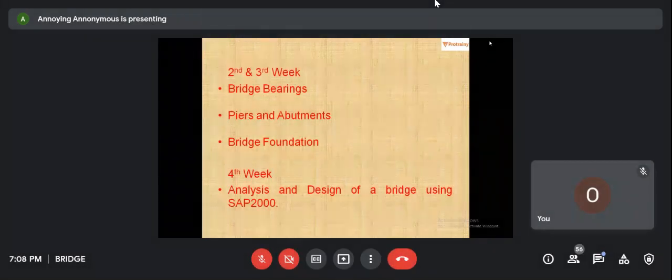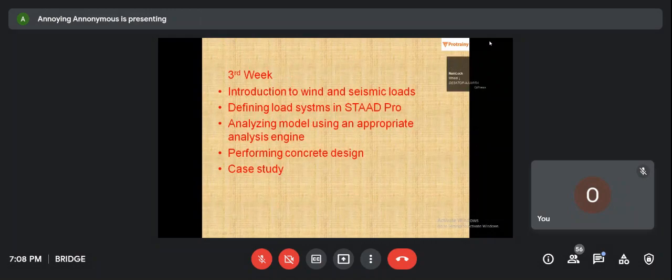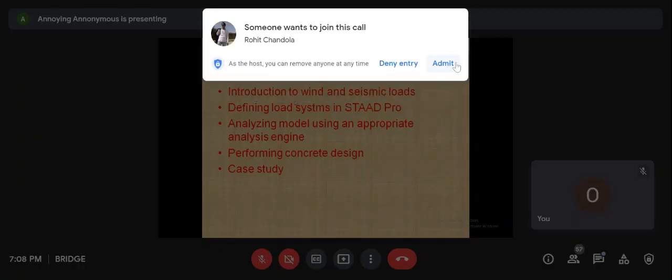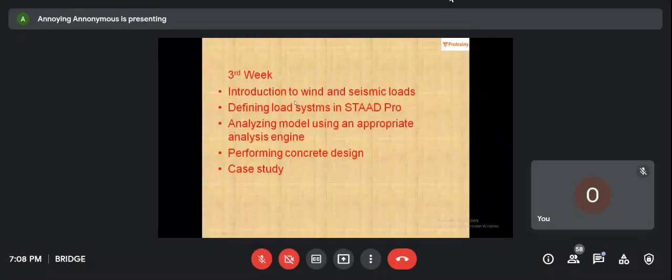So this is the workflow for this course. Sorry, I skipped this slide. In the third week, we have wind and seismic loads.